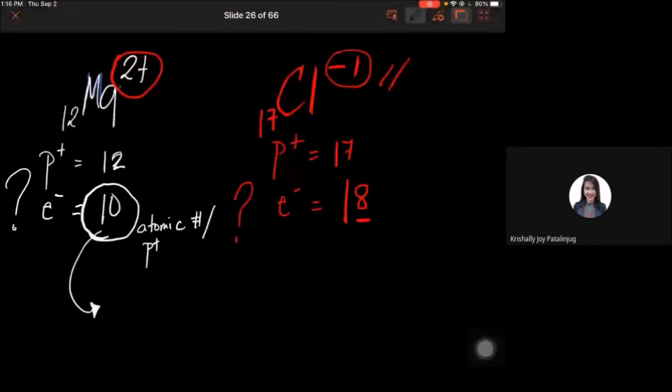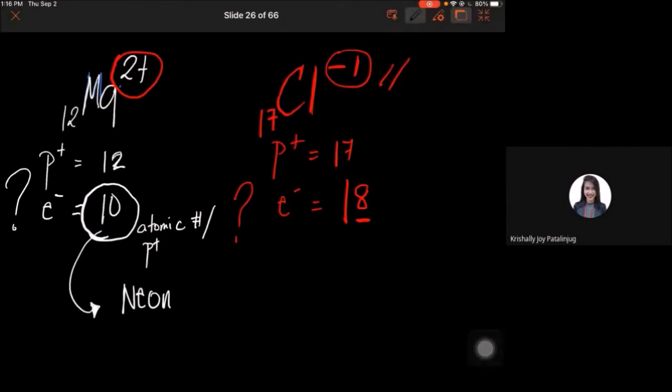Okay, that is neon ba? Neon. Very good. Neon. Okay? Now, you all know that yung nasa group 8, yung pang group 8 na mga elements, stable yan sila. Tandaan nyo, stable yan sila. Meaning to say, hindi yan sila nagre-react. Hindi sila nagpa-participate sa mga chemical reaction kasi stable na sila.